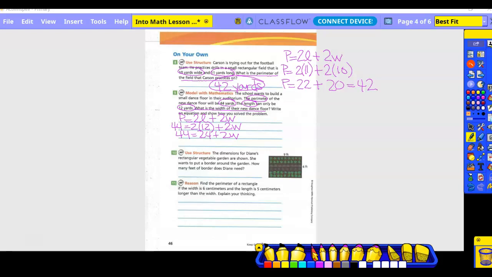Negative, or subtract. What I do on one side of the equation, I have to do on the other. So what is 44 minus 24? 20. Okay, so 20 equals 2W.